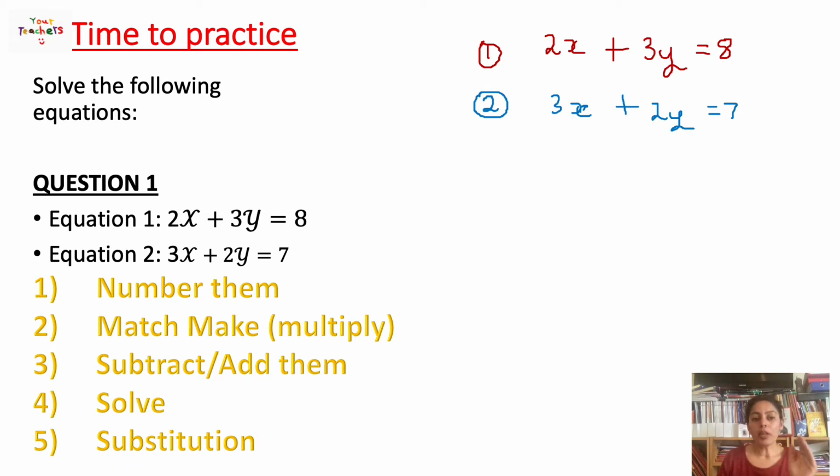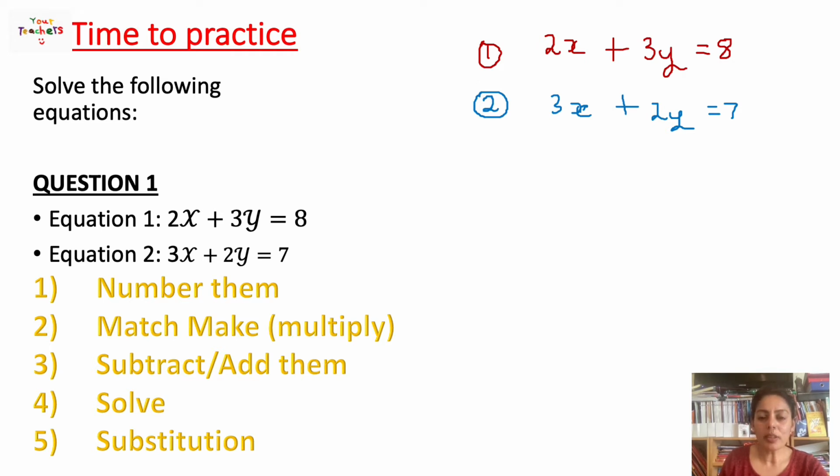Now, number them, which we've just done, 1 and 2. Then for my second step here, match make. Match make means they've got to have something in common. At the moment, the only thing they've got in common is the x's and the y's, but we need a little bit more than that. So let's do a bit of matchmaking.